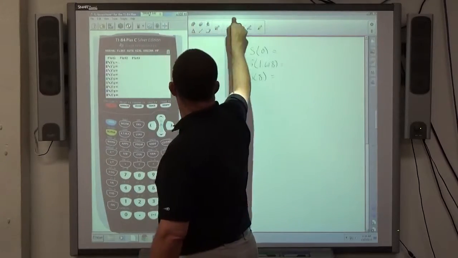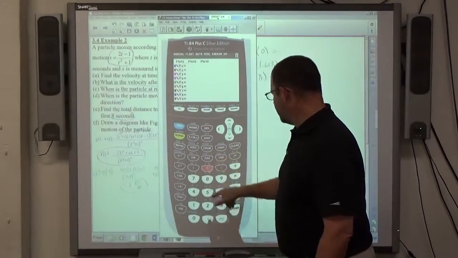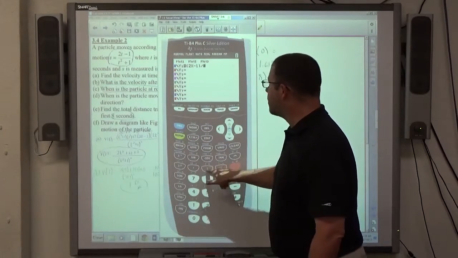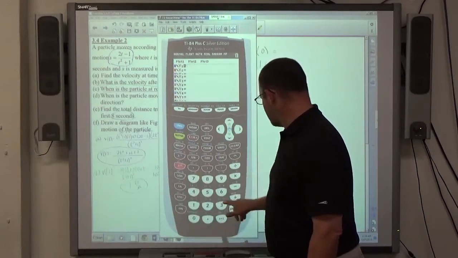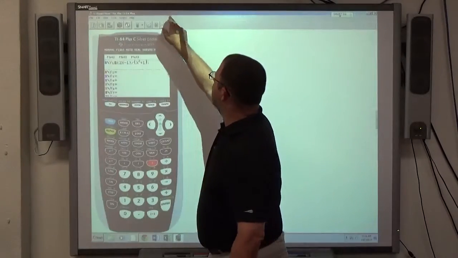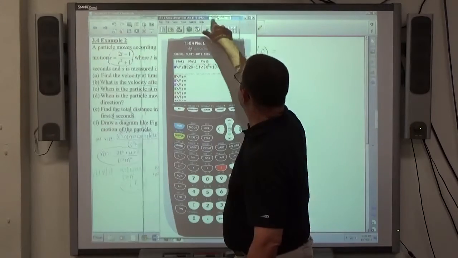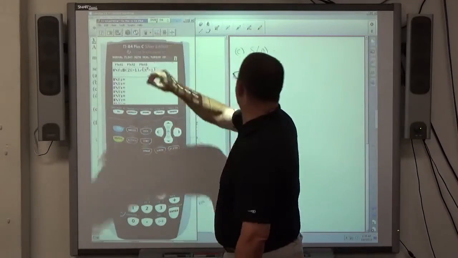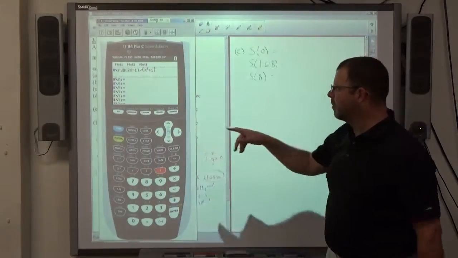So I'm going to type in my calculator, parentheses 2x minus 1, end parentheses, divided by parentheses, x squared plus 1, end parentheses. If I have an uglier function like this, and I have to evaluate it at multiple numbers, I'm just going to use my table to do it for me.